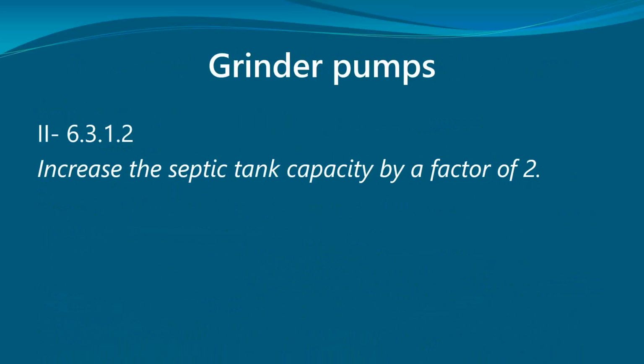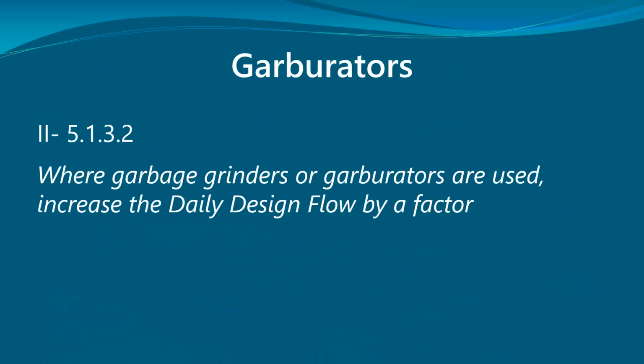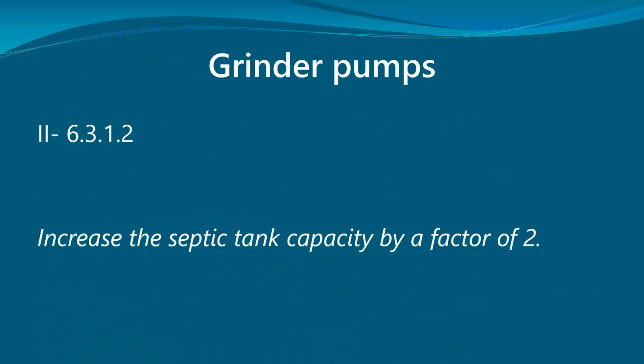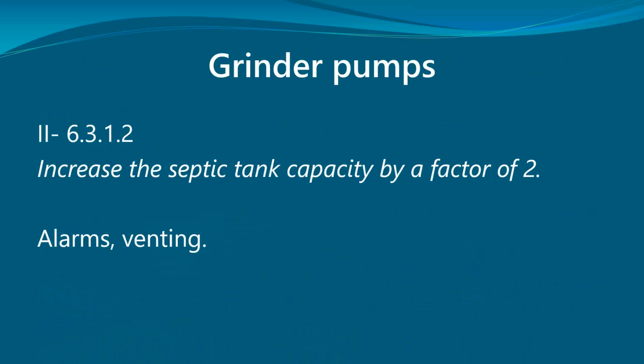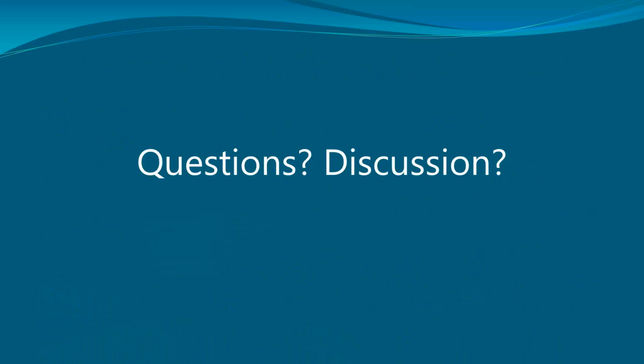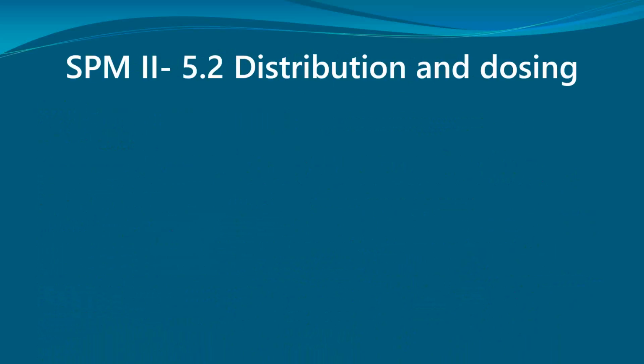So the system sizing of the soil dispersal sizing stays the same. It's just the septic tank. So just the septic tank for grinders, the entire system for what? Carburetors. Okay, grinder pumps. And any questions or thoughts on that?